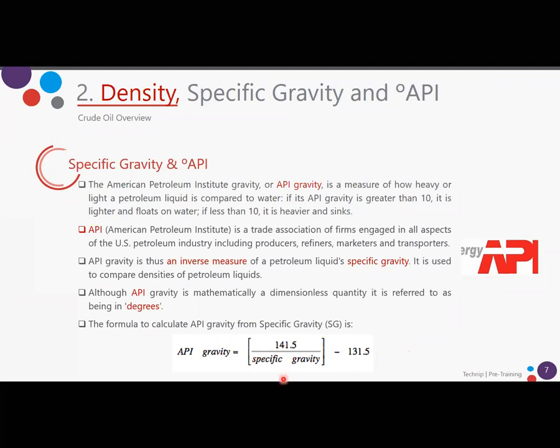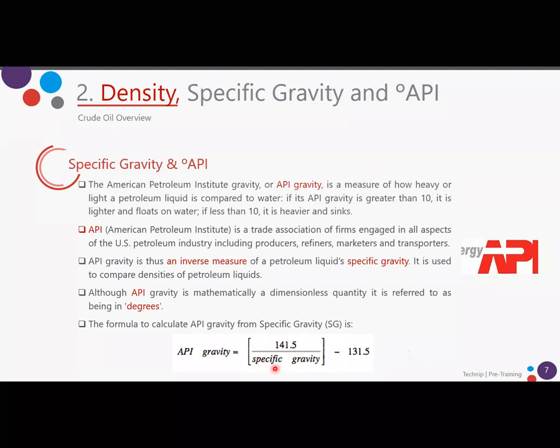If we put here, for example, the specific gravity of water, that is 1, because it's the density of water divided by the density of water, we will get 10. So the API gravity of water would be 10: 141.5 minus 131.5.